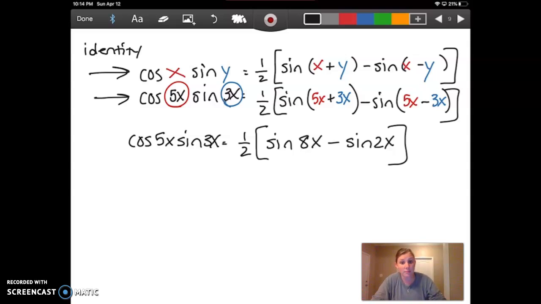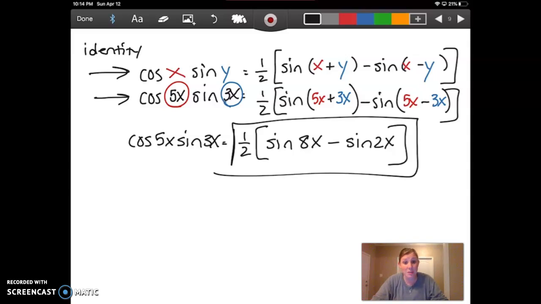End of story. Do not go any farther than this. It's not like they're being written as sine of 8x minus 2x, and I'm like, oh, subtract that, and that gives me 6x. That is not what's being written here. It is sine of 8x minus sine of 2x. That's as far as you can go, and that's actually going to be your answer.